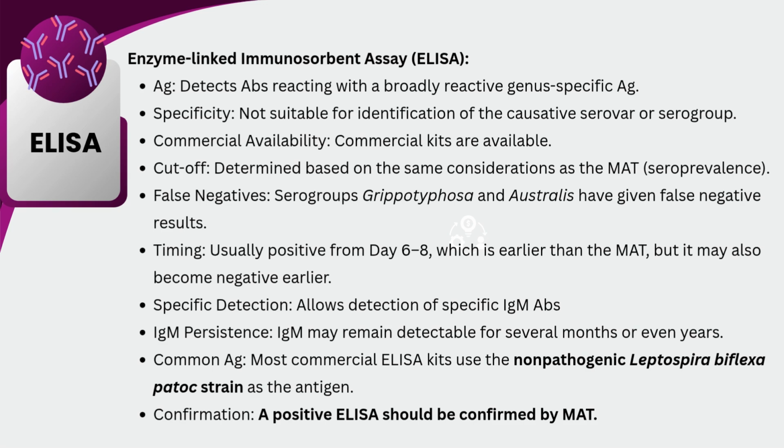And positive ELISA results should be confirmed by MAT for accuracy. IgM antibodies detected by ELISA can persist for months or years, complicating interpretation. Commercial test kits typically use the non-pathogenic Leptospira biflexa Patoc strain as the antigen, to standardize the process.